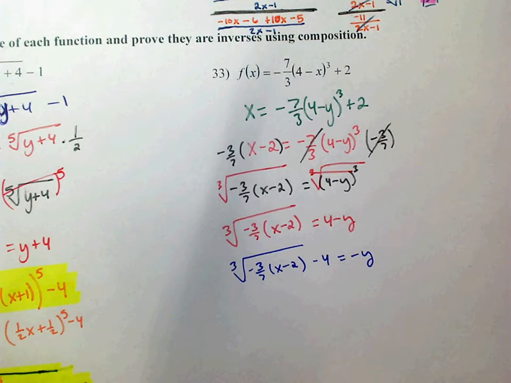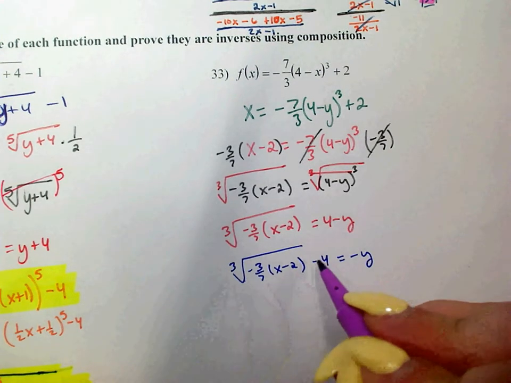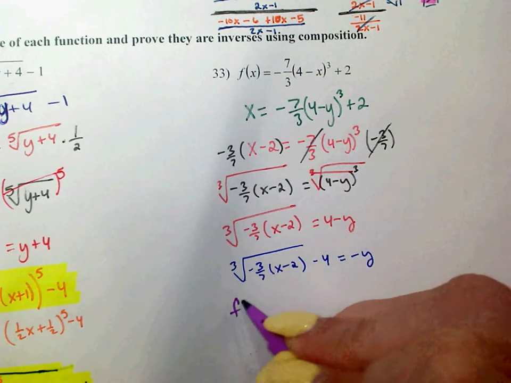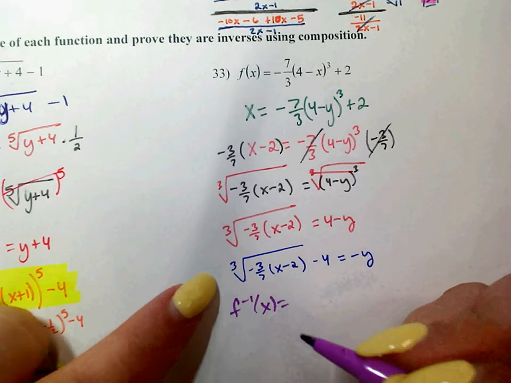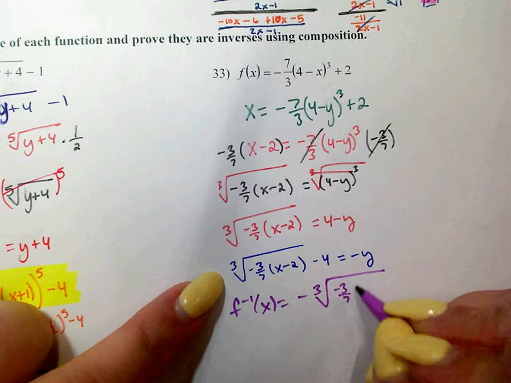When you divide by this negative, it'll make the cube root function negative, and it'll make 4 a positive. So I'm going to say f inverse of x equals negative the cube root of negative 3 sevenths times x minus 2, and then plus 4.